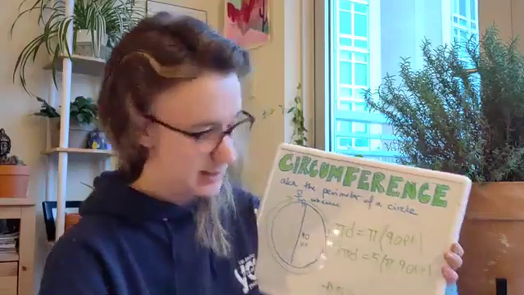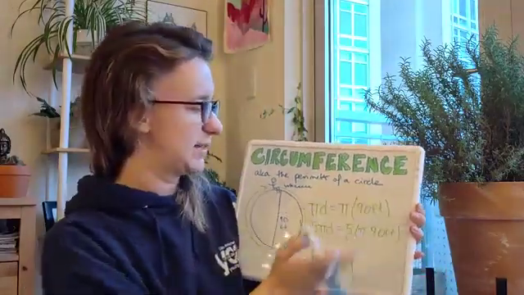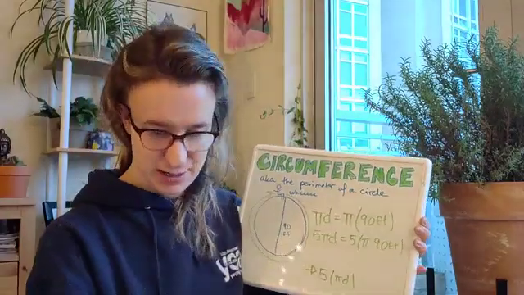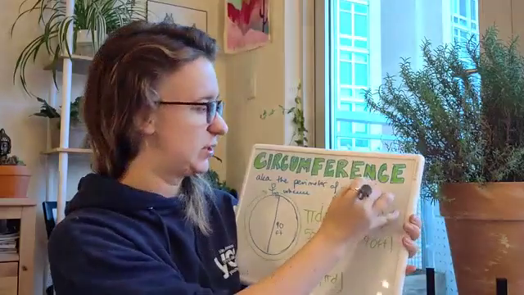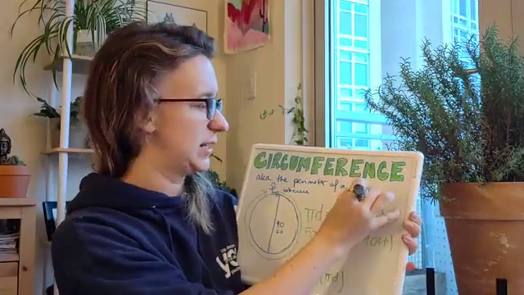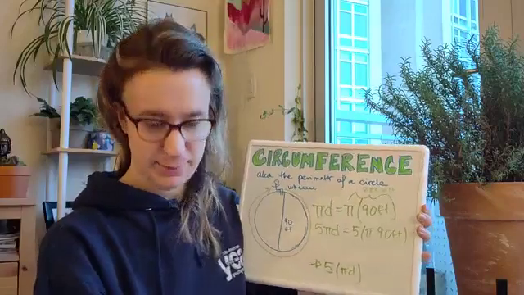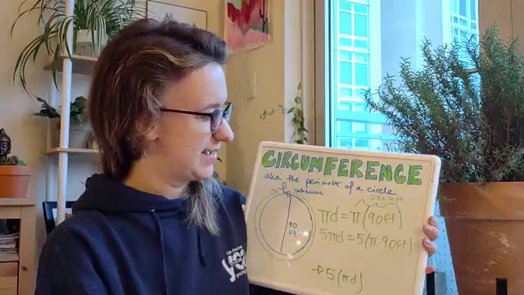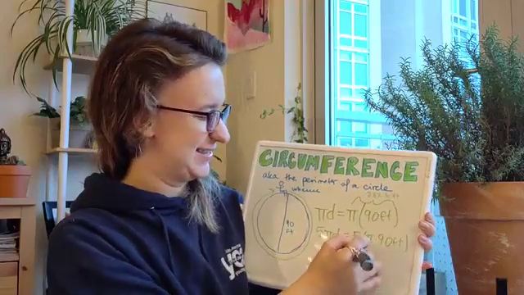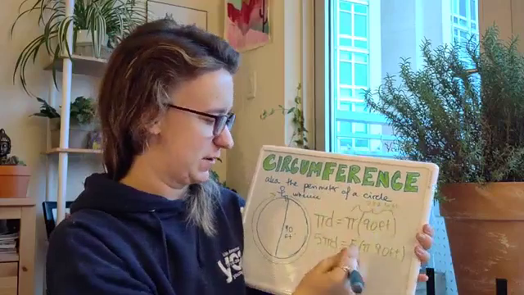Now we know that pi times the diameter, pi times 90 feet, if you get out your calculator, you'll see that this equals 282.6 feet. Now, that means that going around the circle 5 times is going to be 5 times this number.